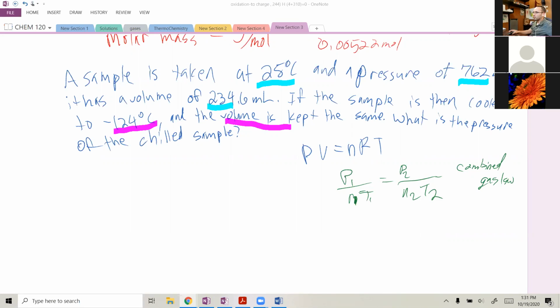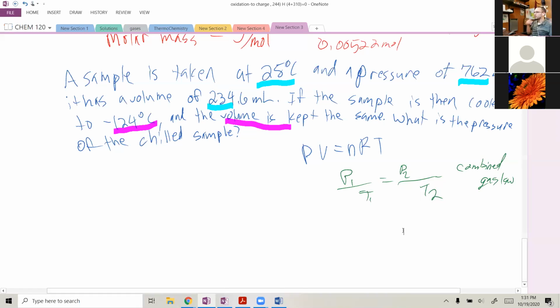Could we assume that moles stay the same? If it's the same sample, do we think that any amount of material has been lost between those two things? No. And so yes, we can assume that our moles have stayed the same.